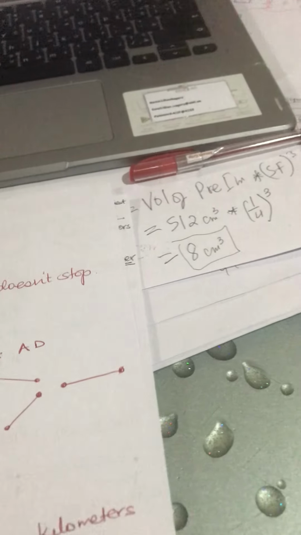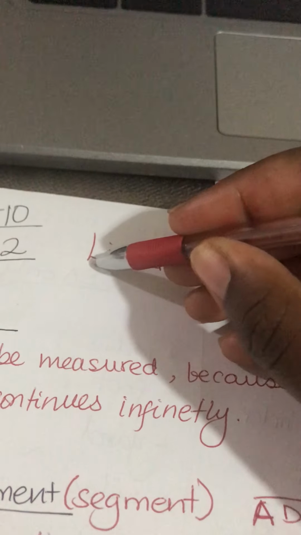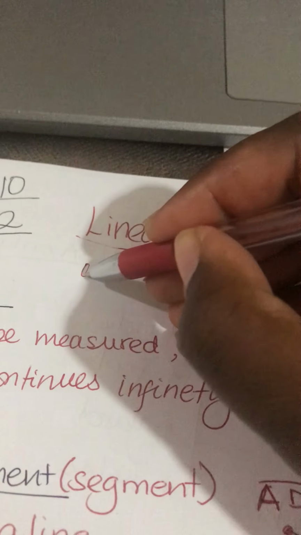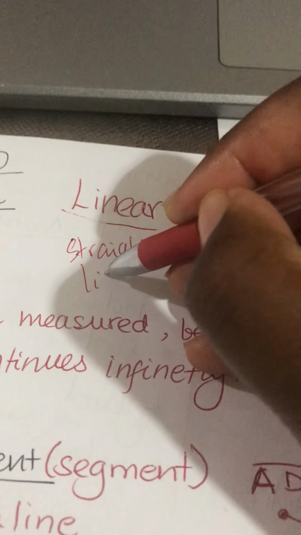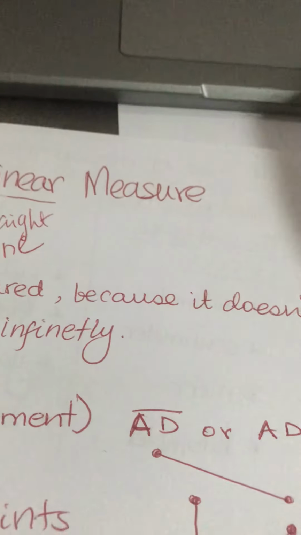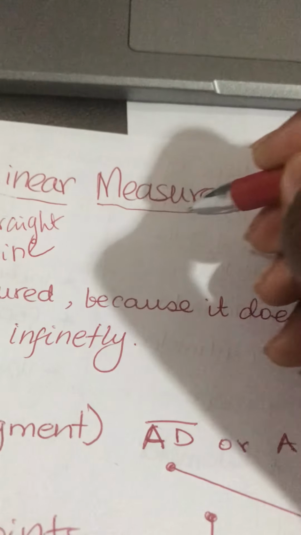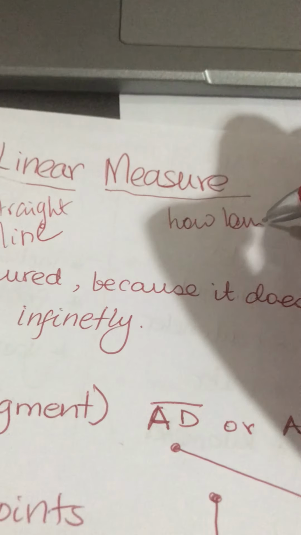Now, let us address things. So we have said linear means straight line. And measure means to know how long. So you're measuring a line. I'm asking you how long it is. How long is the line?